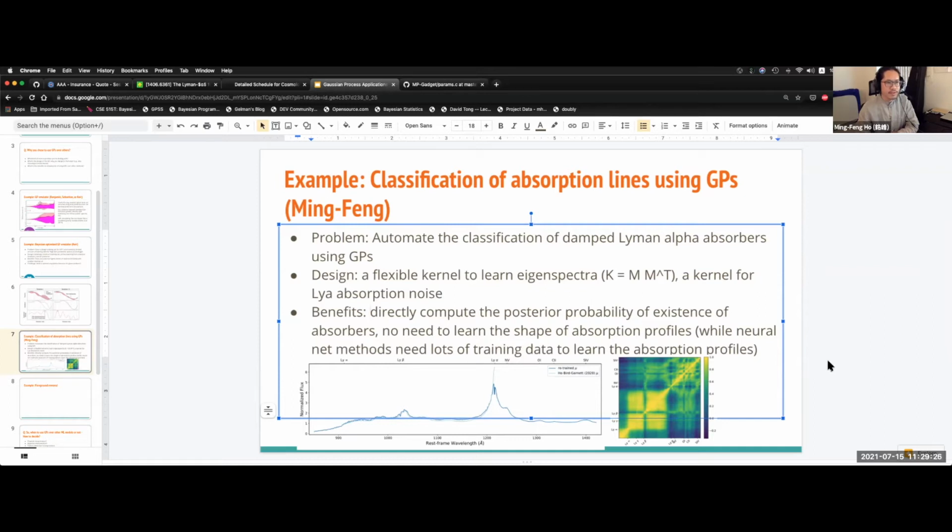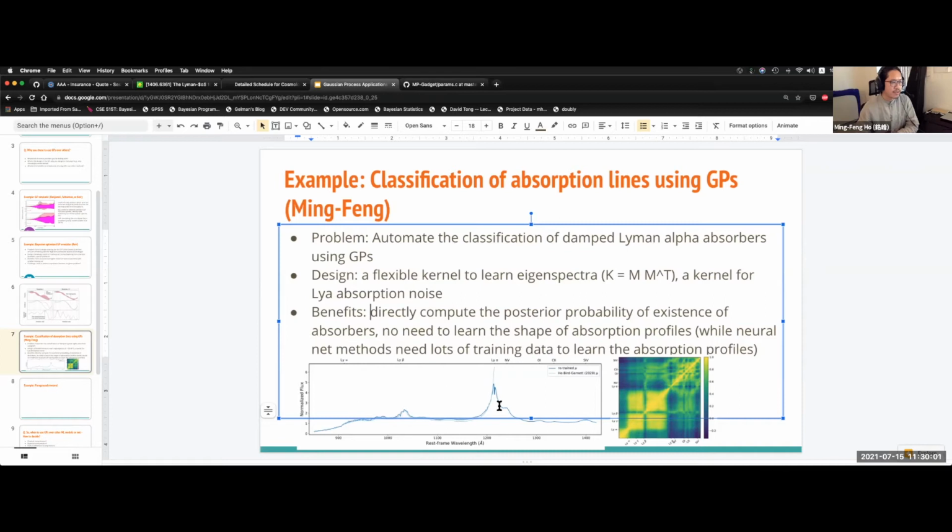Yeah, you need to have an estimate of the redshift to use it. Right now we just directly take the redshift from SDSS, but we also have another application where you assume the redshift to be a random variable and marginalize over it.